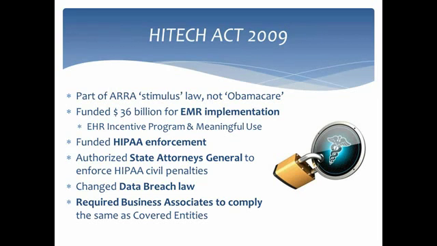The HITECH Act changed the data breach law and made it reportable for an event, an incident that lost 500 patient records. A state had to be reported within 60 days. If it was fewer than 500 records, there's an annual report that has to be submitted that shows those.